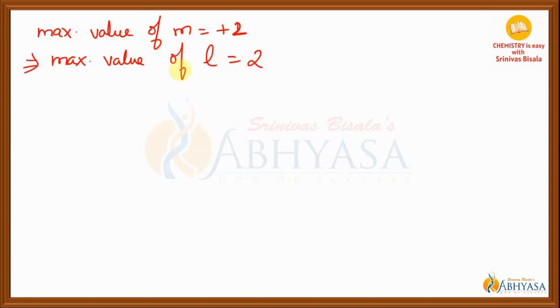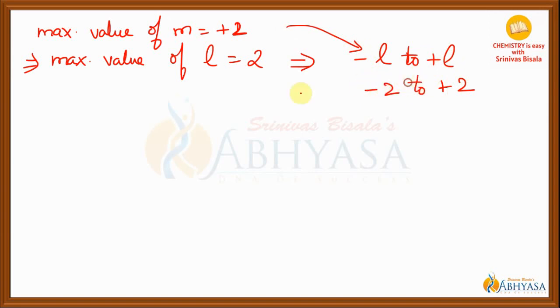How can you say that? It is from their values only, because m values range from minus l to plus l. When the maximum value is plus 2, definitely the minimum value is minus 2, and that is the reason why the l value will be equal to 2, isn't it?